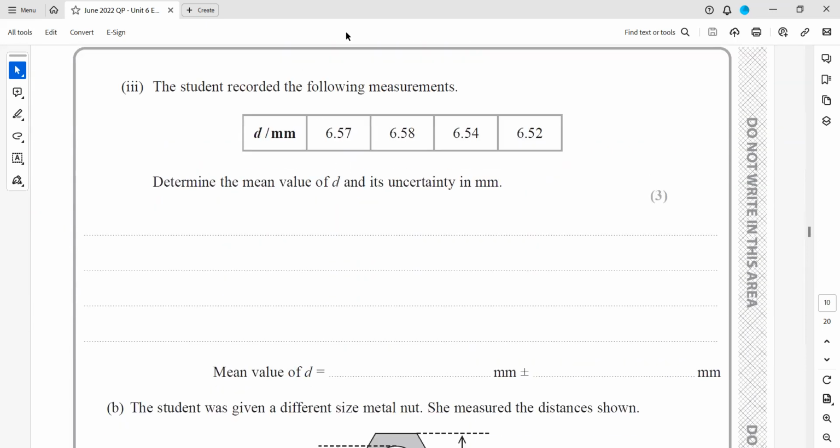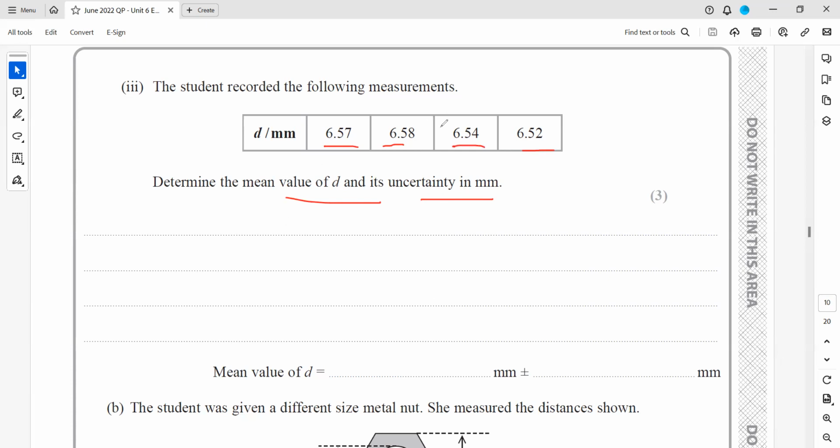Student record the following measurement, determine the mean value and uncertainty. How to determine? First thing, you have to check the data should be in the range. If any one of the values is higher or lower, like an anomalous result, you will ignore that. But in this case, 6.57, 6.58, 6.54, 6.52, so they all appear in the same range.